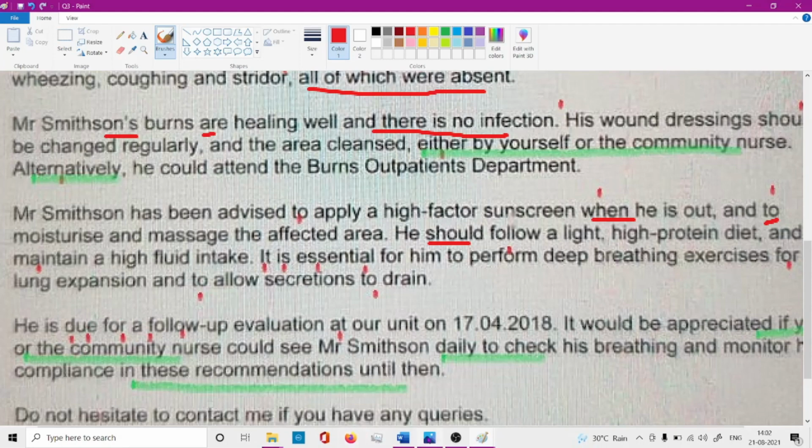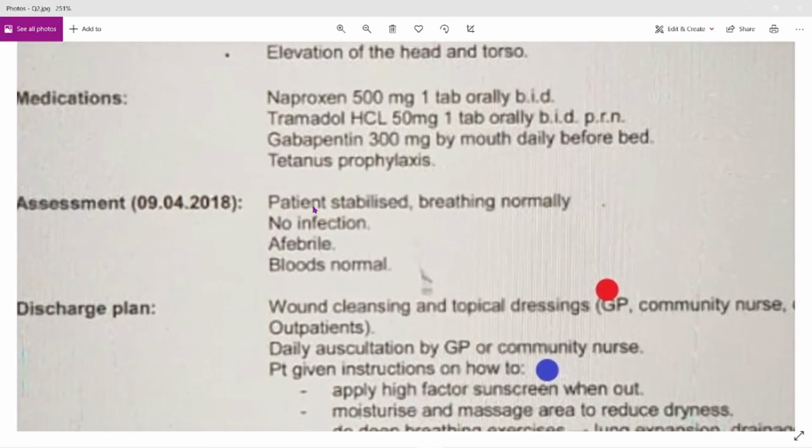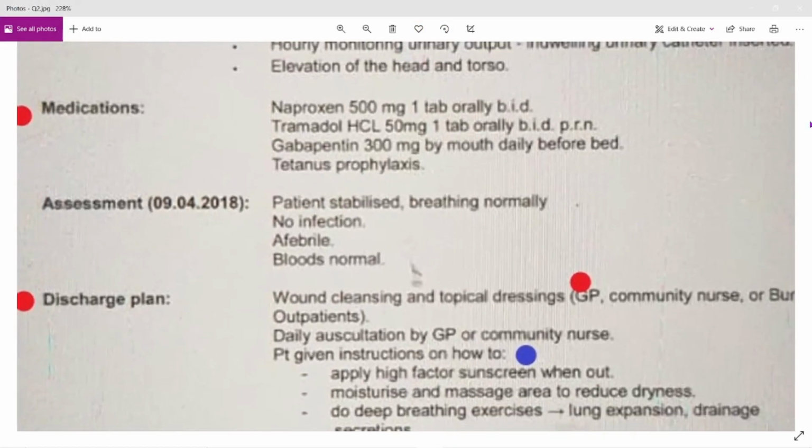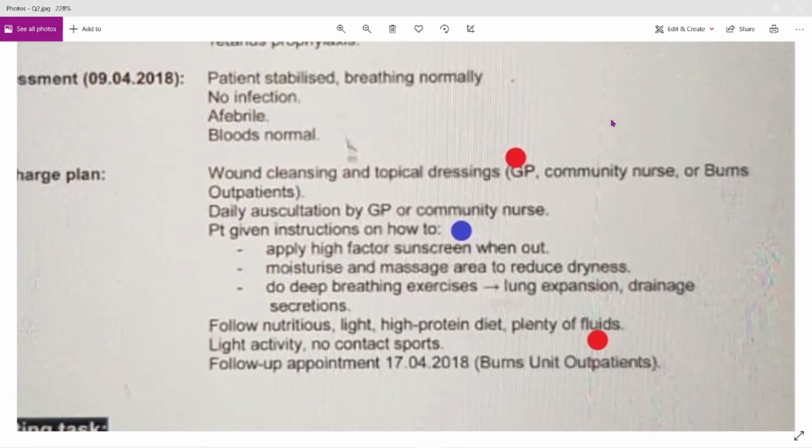Let's read this once again. Apply high factor sunscreen when he is out.